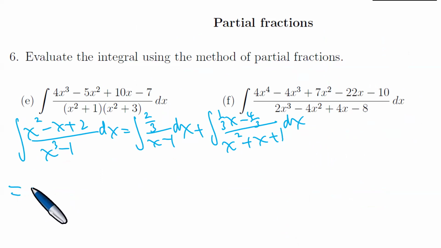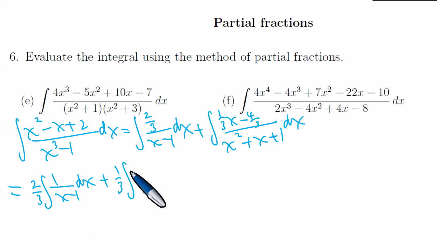2/3 can be pulled out over x minus 1 dx, and 1/3 the integral of x minus 4 over the quadratic. So now you get exactly this.